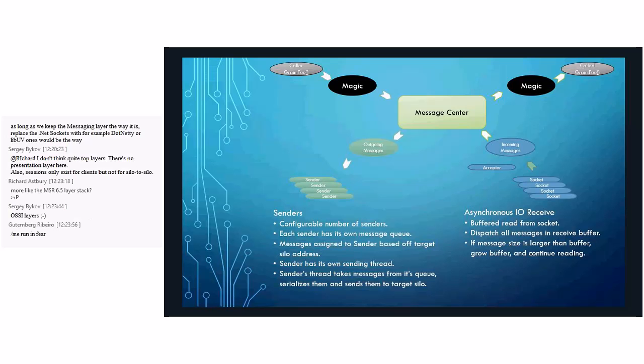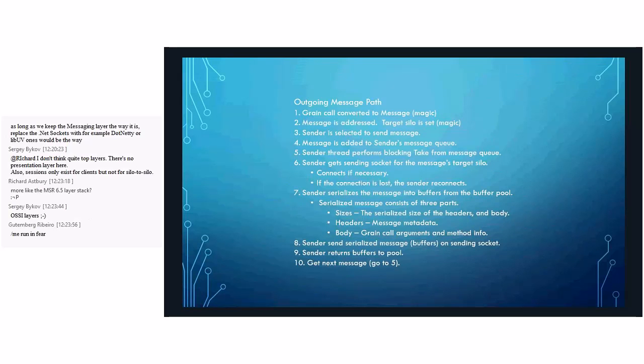Just to put the information of why these things are separated out like this, and why we can separate the paths. So for the outgoing path, which would be sending on a socket, as I mentioned before, starting with a grain call, we create a message from that. We take that grain call, turn it into a message. That's internal Orleans magic.